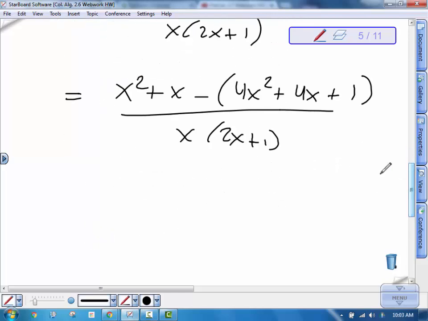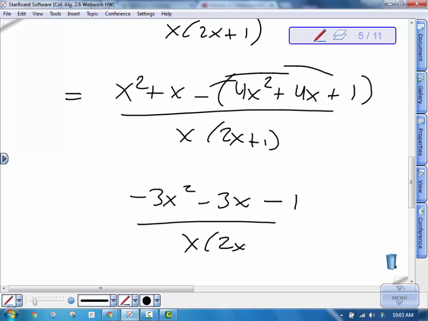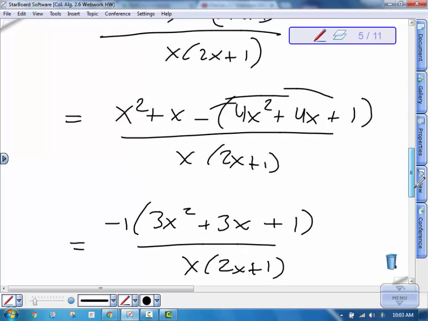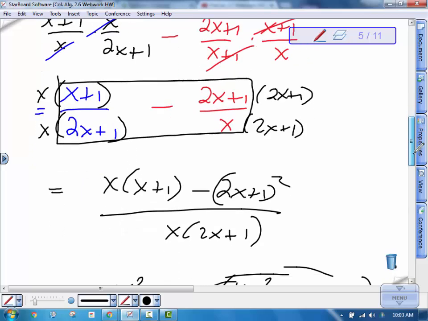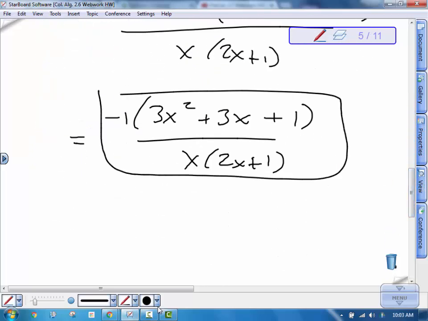If I distribute the negative, that turns into negative 3x squared, x minus 4x would be negative 3x, and then minus 1 all over x times 2x plus 1. I could pull out a negative 1 here and make all these positive. There's the same answer. I don't think that's any more simplified, really. I mean, it's considered more simplified, but I'd probably just enter this original one we had right here. That should work. If not, then you're going to have to simplify it.